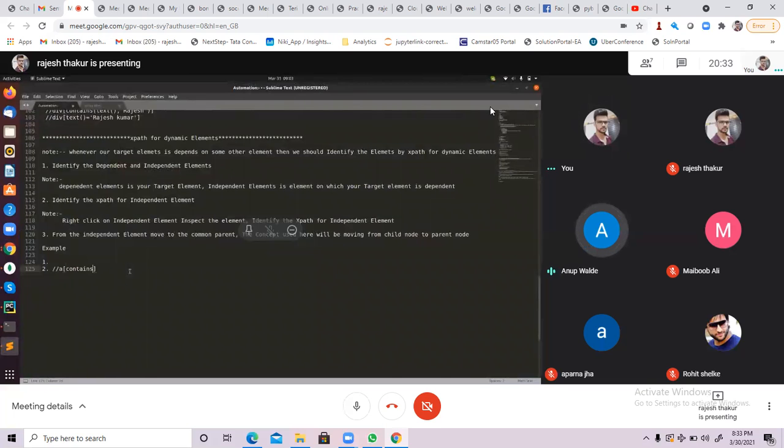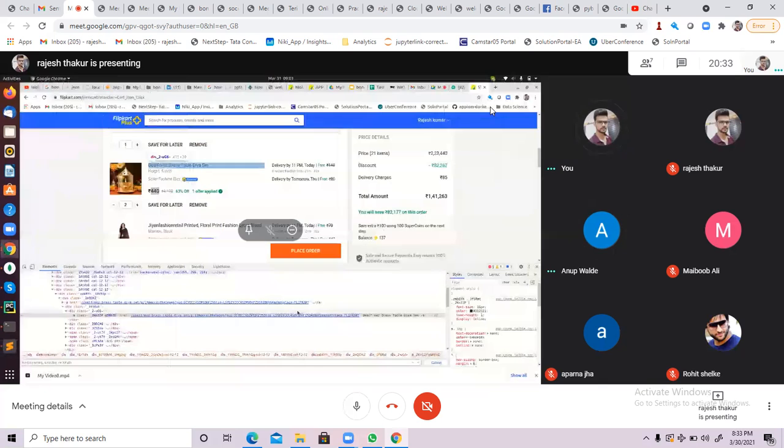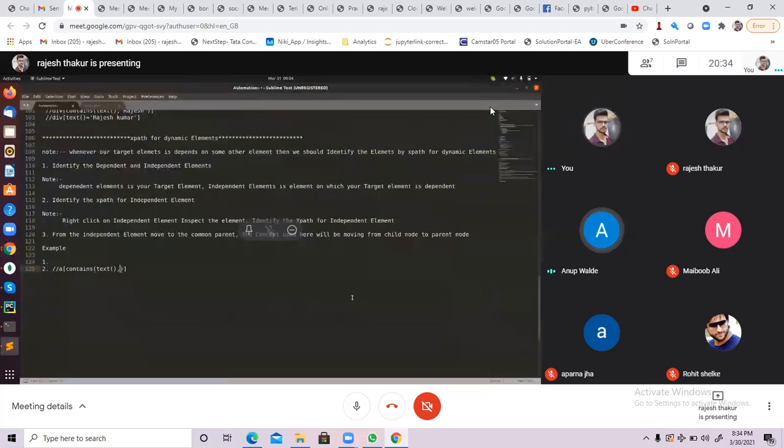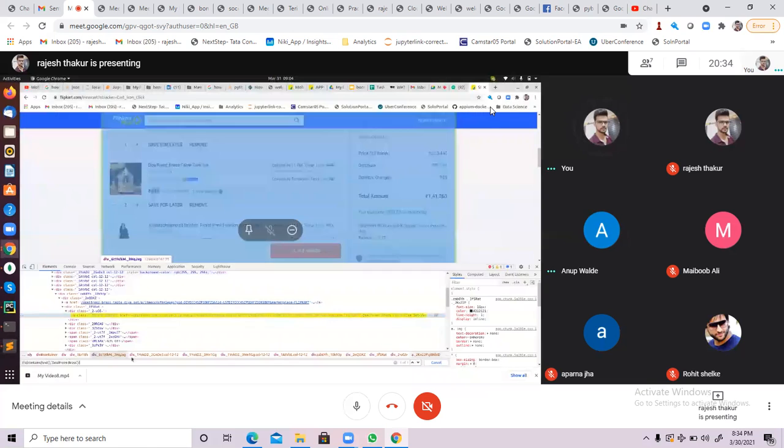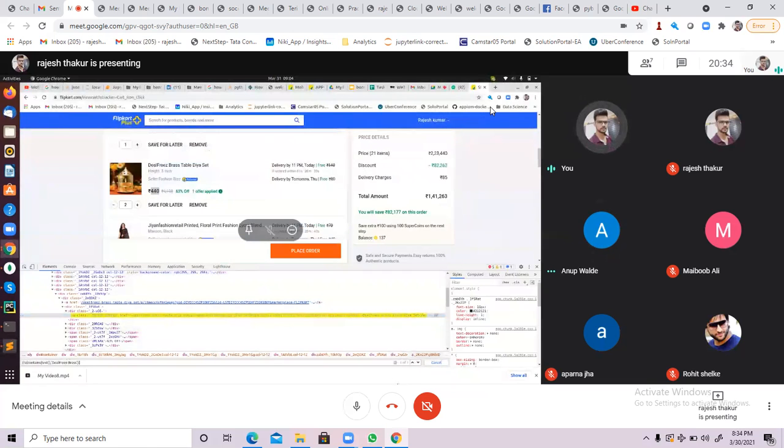I'm going with the contains text function, text function, comma, and a bit of content you can take. Not completely, you can take something also. Now copy this path and paste it here. Yes, one out of one matching nodes.